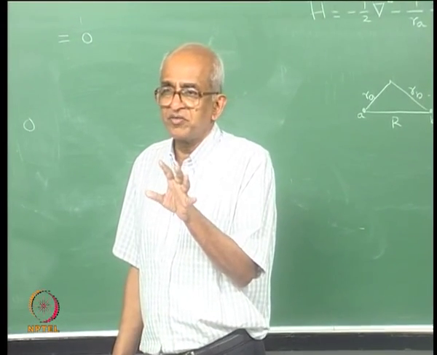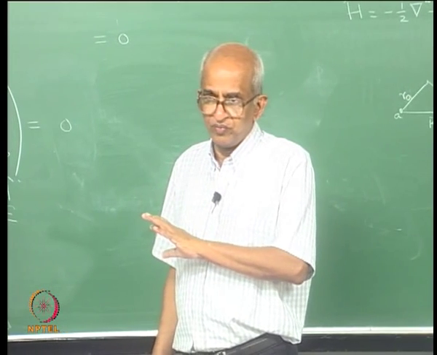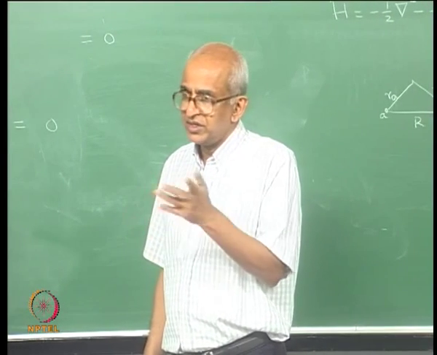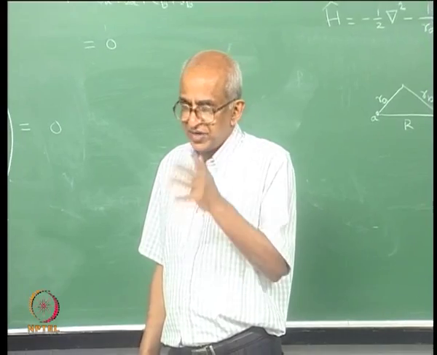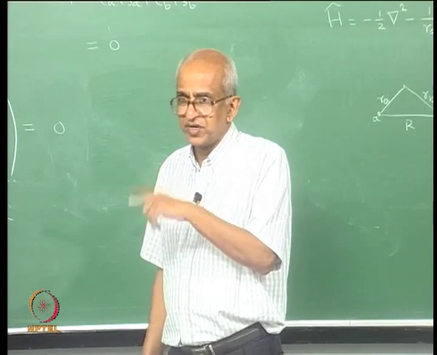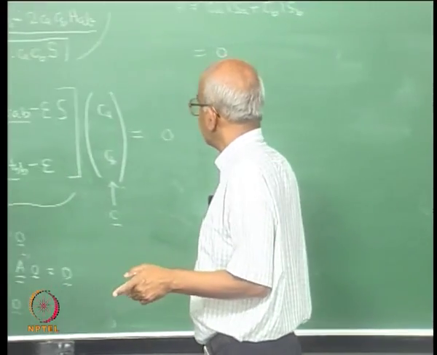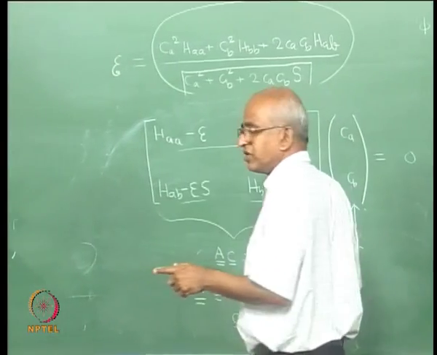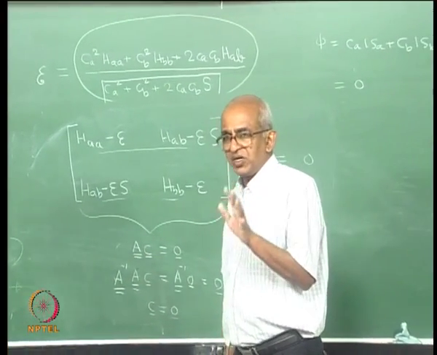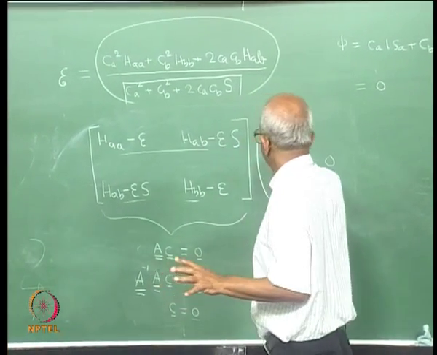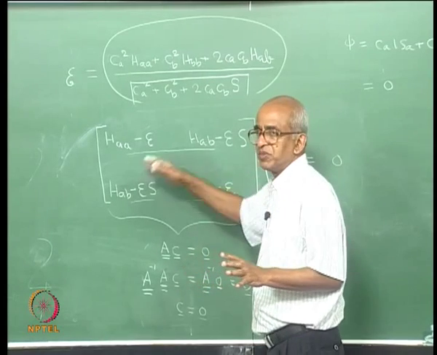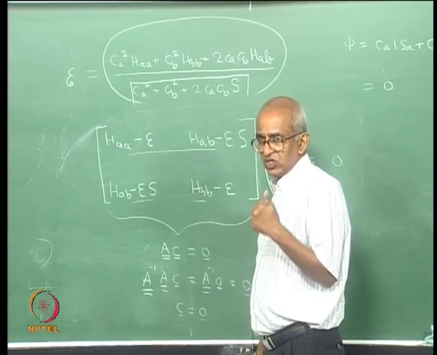If the determinant of the matrix is equal to 0, then it does not have an inverse. If the determinant is non-zero, then you can always find an inverse. So, the conclusion is that if this equation is to give you sensible answers for C A and C B, then the determinant of this matrix must be equal to 0.